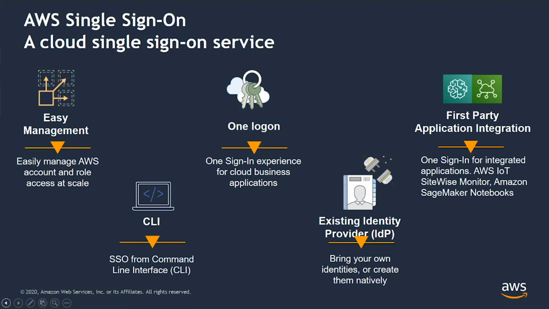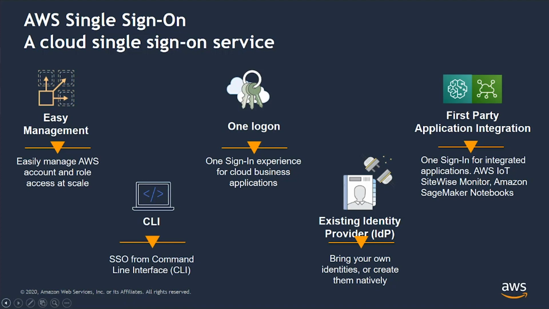And it allows you to bring your existing corporate credentials to AWS and have one logon for using and accessing the AWS console, and even provisioning out access to Salesforce, Box, and Office 365. And one of the great things about this is that it coexists with IAM, Identity and Access Management.